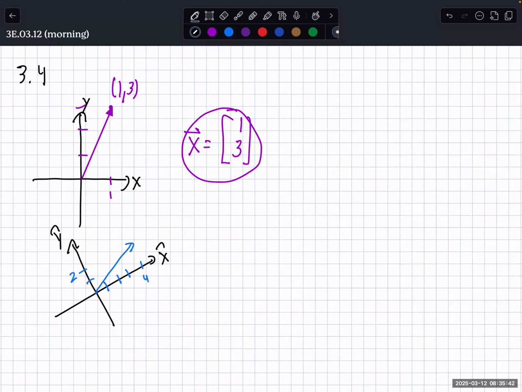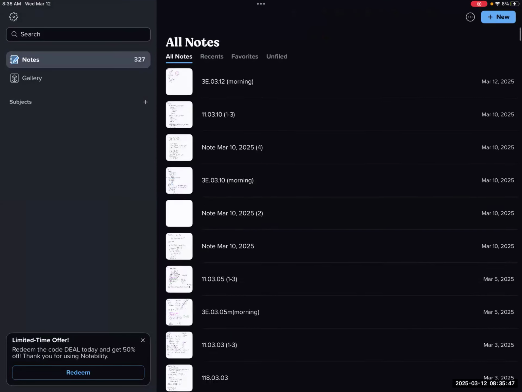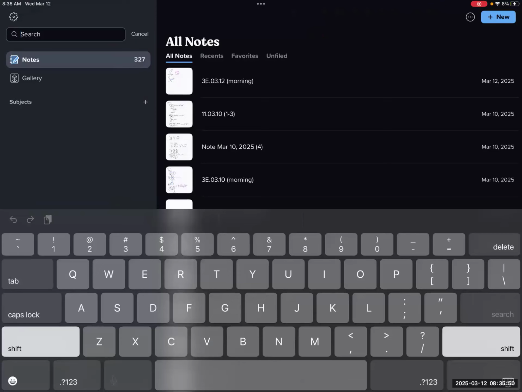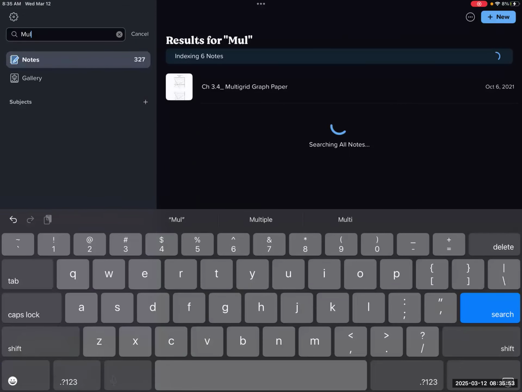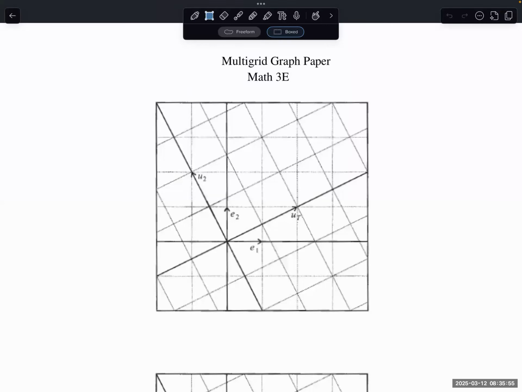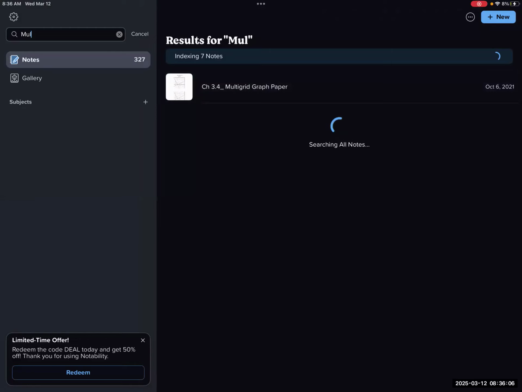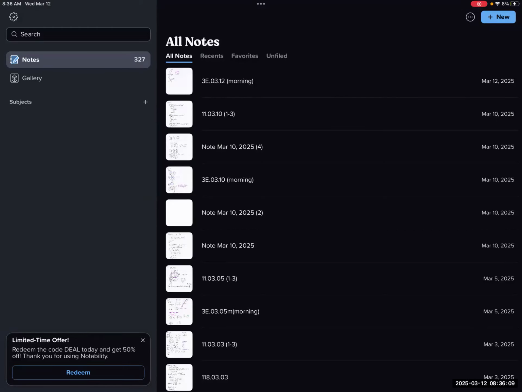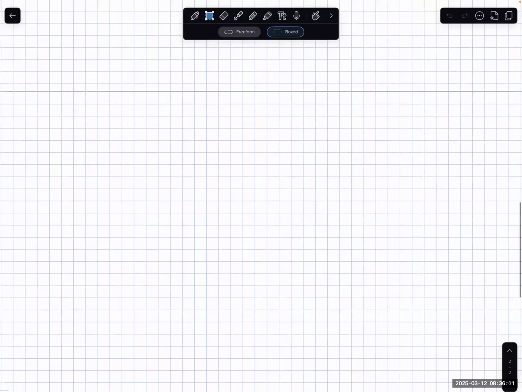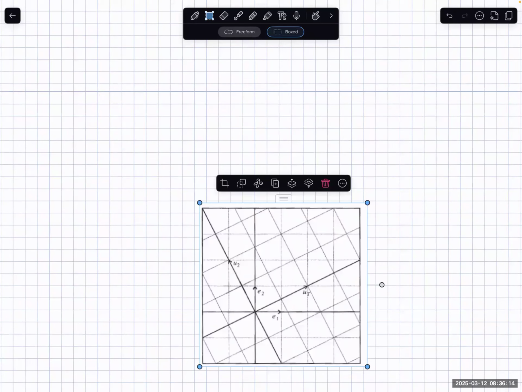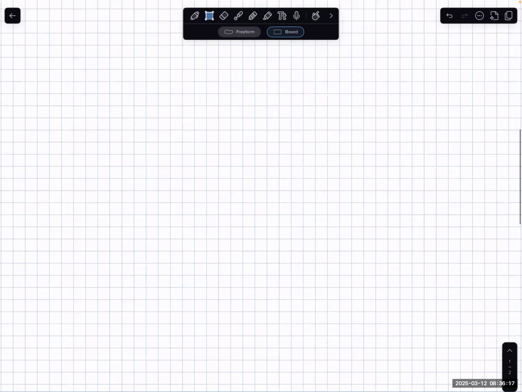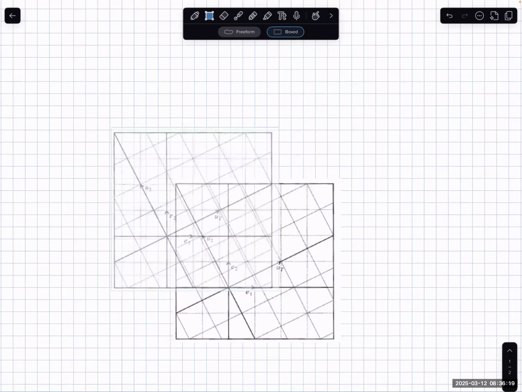So this graph paper I passed out, I'm going to put one copy up here so I can keep referring to it.